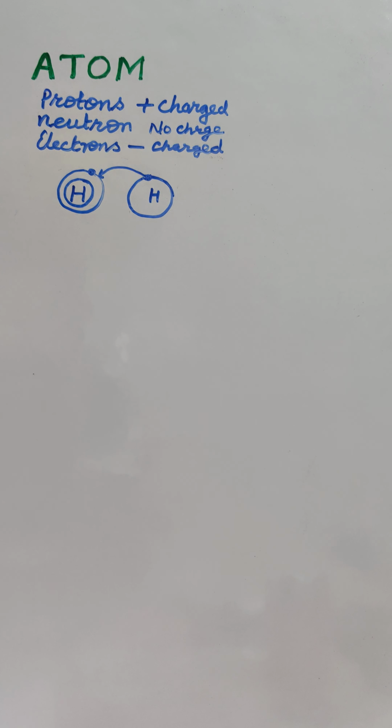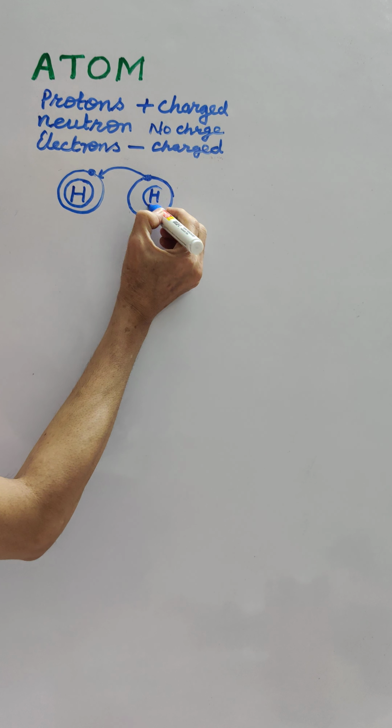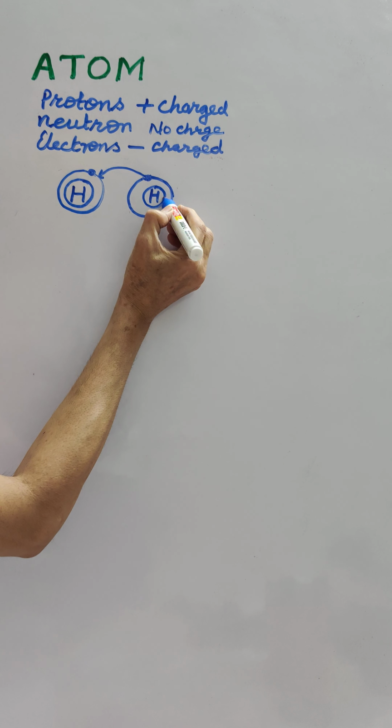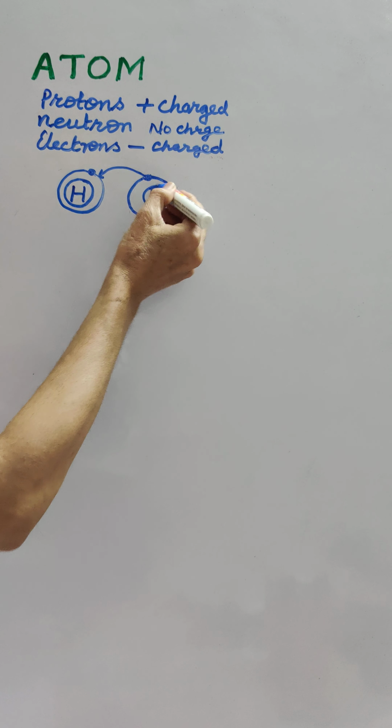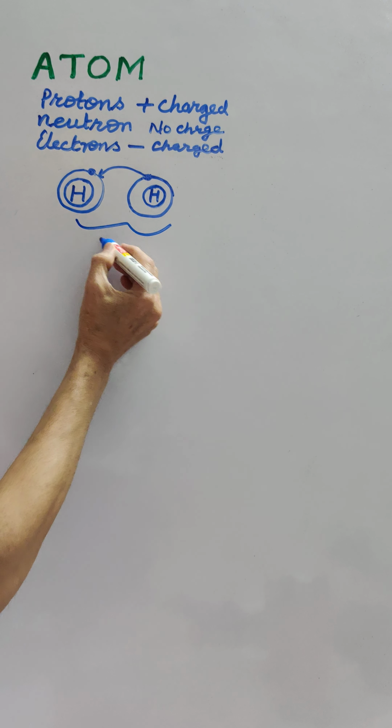So this way they make a bond which is known as covalent bond. The bond which is formed by the sharing of electrons is known as covalent bond. So this is called a molecule of hydrogen, H2.